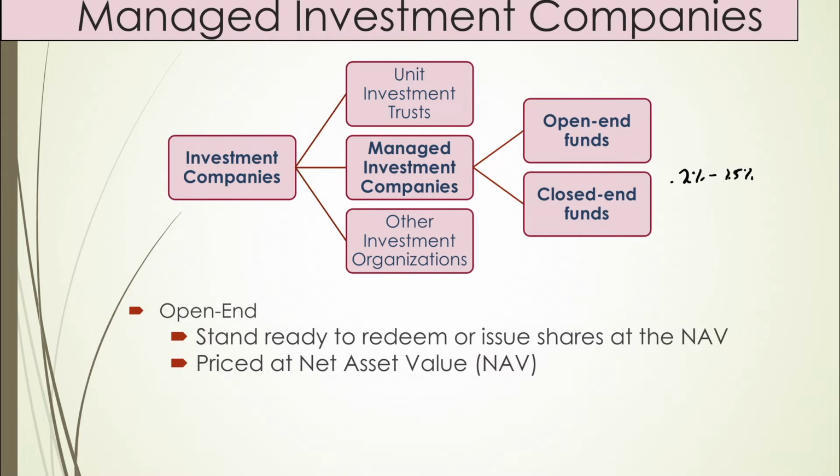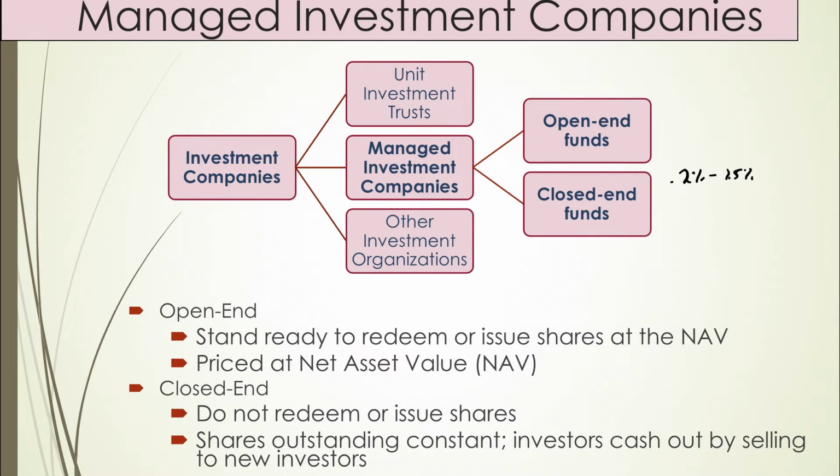With the open-end funds, the number of shares outstanding will fluctuate daily since you are selling it back to the fund issuer. On the other hand, then you have closed-end shares. With closed-end funds, you do not redeem or issue shares.